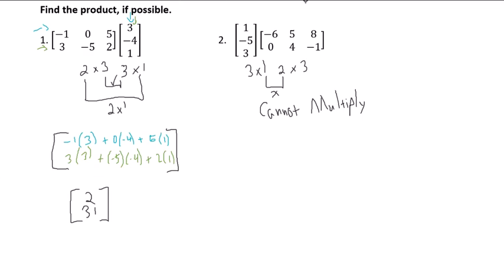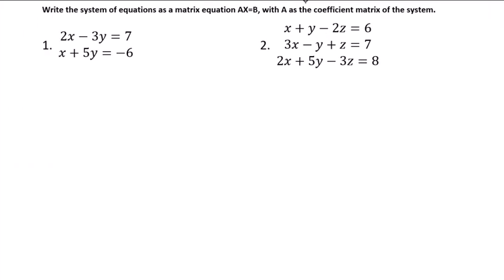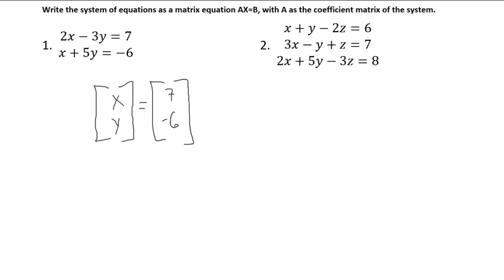All right, let's look at our last examples. Here we need to create a matrix equation. So what we're going to do is this is x and y. So we have this matrix x and y, and that will equal these 7 and negative 6 over here.